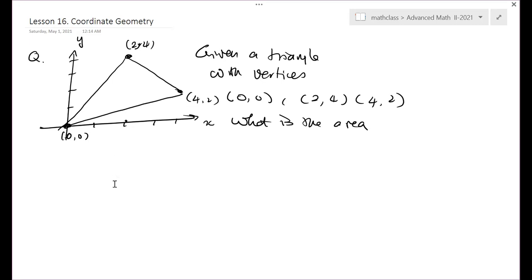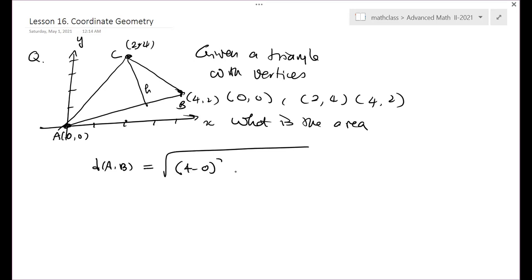Now, the classical formula to find the area of a triangle is one half base times height. But can you find the base? Kind of. Then can you find the height? Let's find the base first, just for fun, with points A, B, and C. The distance between A and B, by the distance formula, is the square root of the difference of the x coordinates squared plus the difference of the y coordinates squared.